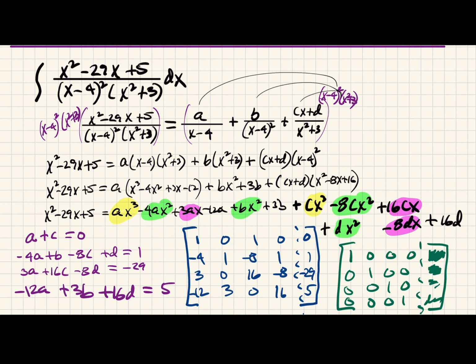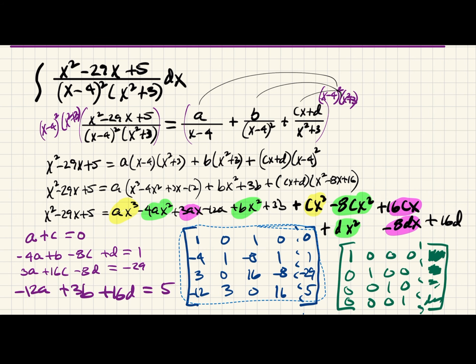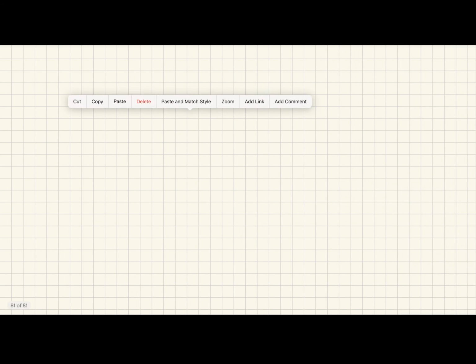But because Texas Instruments came along and showed you some love, you are going to use your calculator to do this. So we're going to take this thing right here and figure out how to get Texas Instruments to solve this system of equations for us.